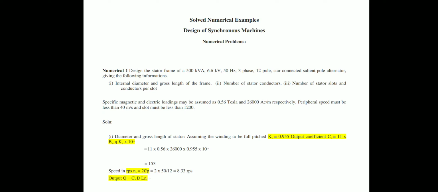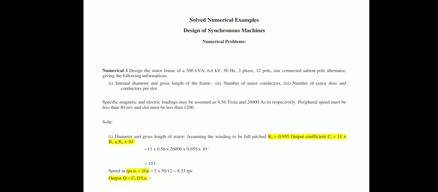Put all the numeric values given to you and calculate, which is 11 into 0.56 into 26,000 into 0.955 into 10 raised to power minus 3. In my previous lectures, I have explained how to guess and find the data given in the questions by seeing their units. Now calculate this, you will get 153.